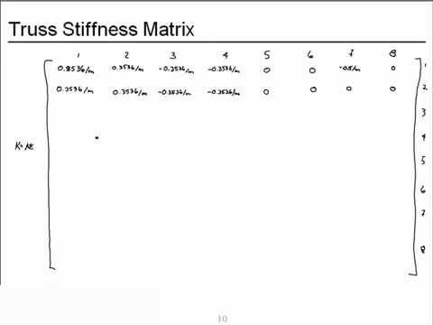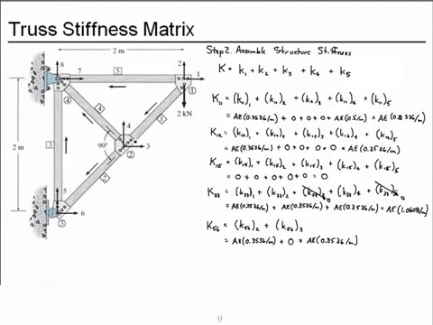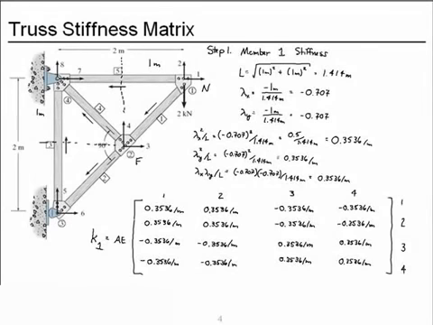Now the next chunk. Forces at degrees of freedom 3 and 4 due to deformations at degrees of freedom 1 and 2. Again, only member 1 connects these degrees of freedom.